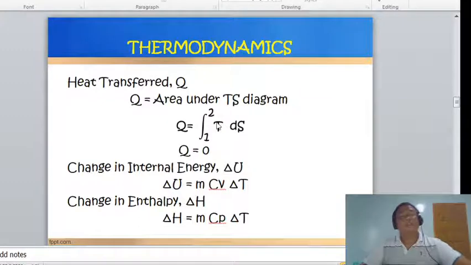Next is for the change in internal energy. Whether you like it or not, as I have said, delta U is always equal to mCv delta T. And again, for the change in enthalpy, delta H is equal to mCp delta T.